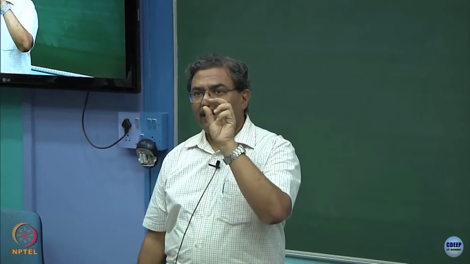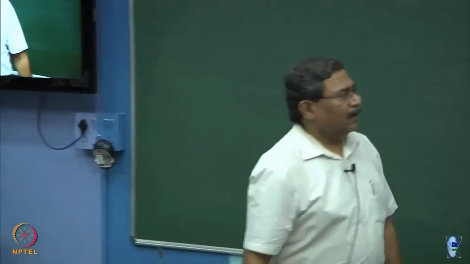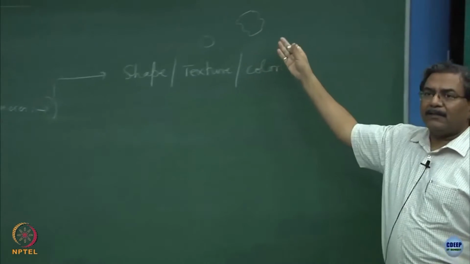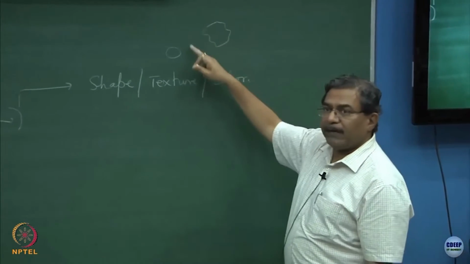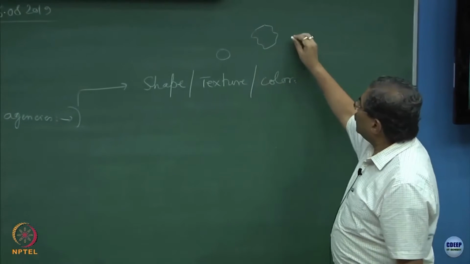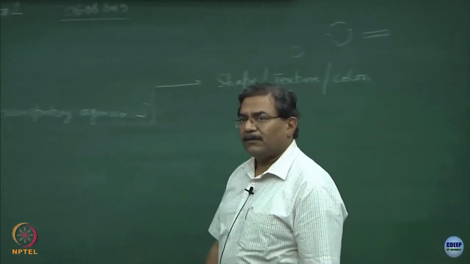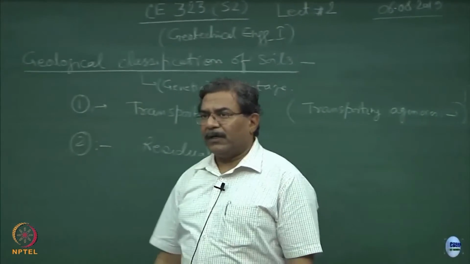What is morphology? Shape, size, roundness, irregularity. This is a perfect sphere. I could have drawn a sphere like this, the particles are like this also, irregular shaped, clear. There could be a particle like this, flakes, okay.